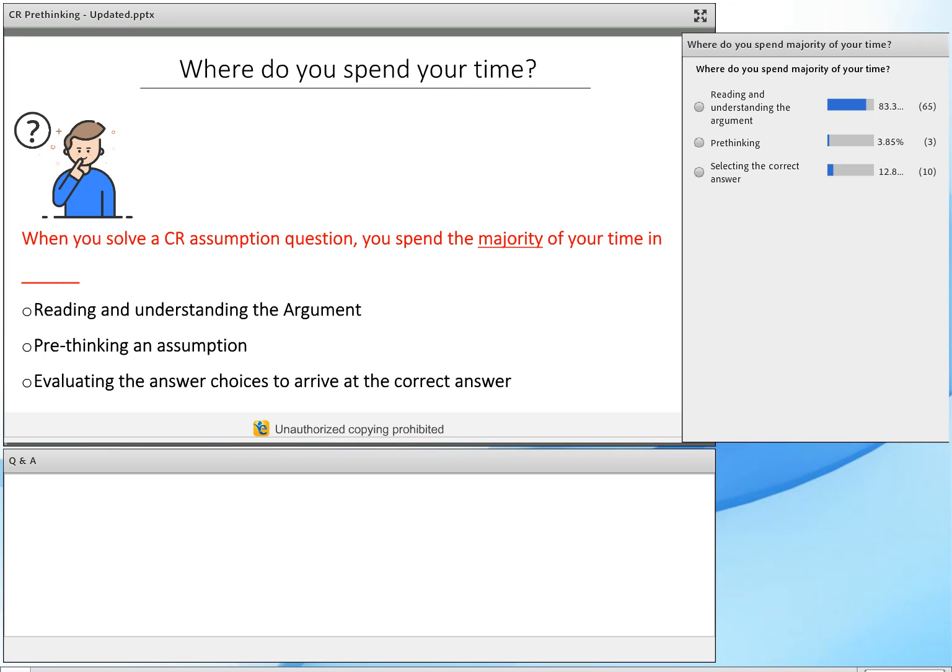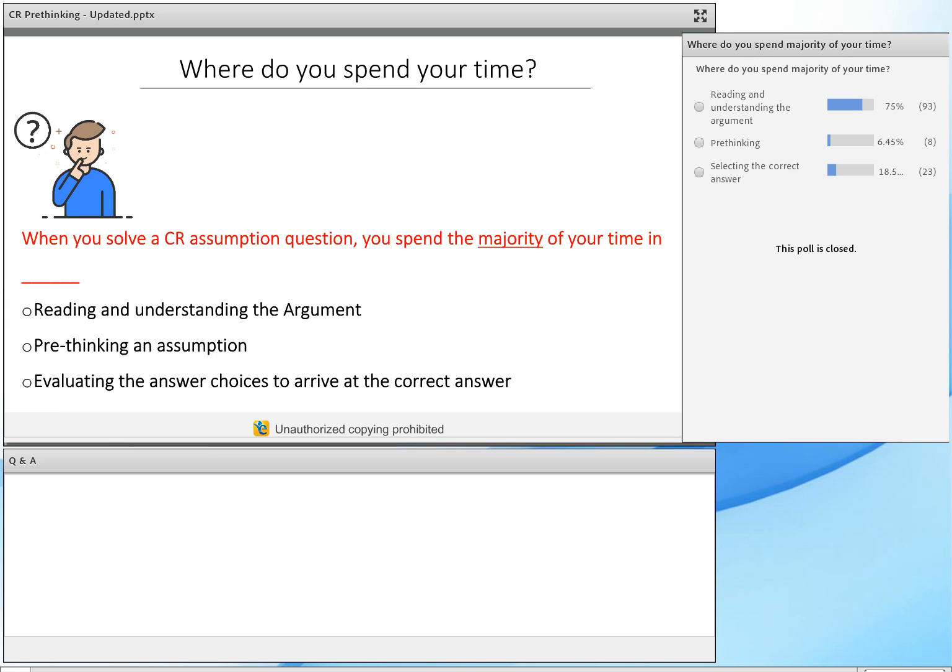All right, let's get some answers. Where do you spend the biggest chunk of your time when following the pre-thinking approach? Three, two, and one. Let me end the poll.